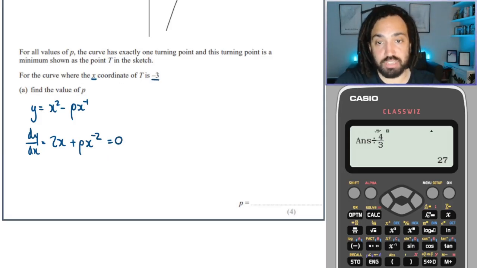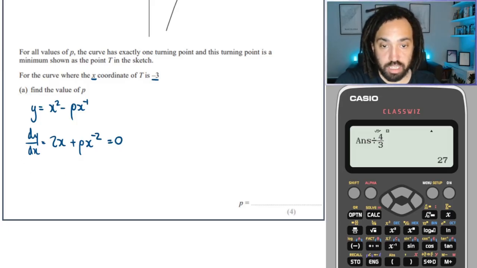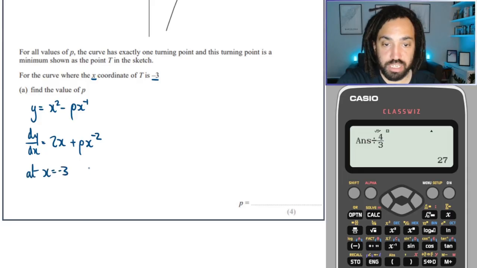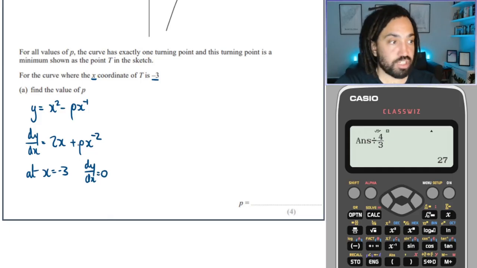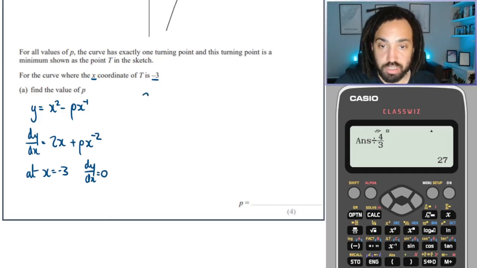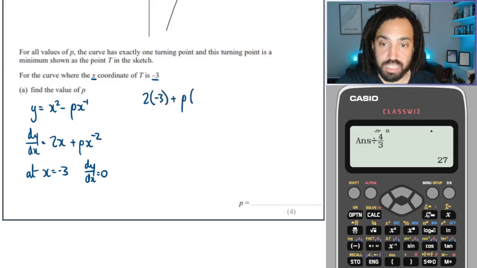and that happens when the x-coordinate is minus 3. So I can say that at x equals minus 3, the gradient function equals 0. So sub in minus 3 into this expression and we should get 0. So 2 times minus 3 plus p times minus 3 to the minus 2 equals 0.